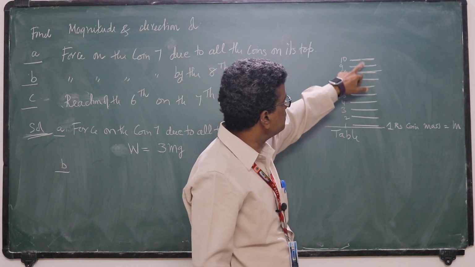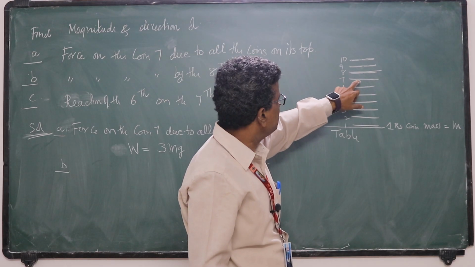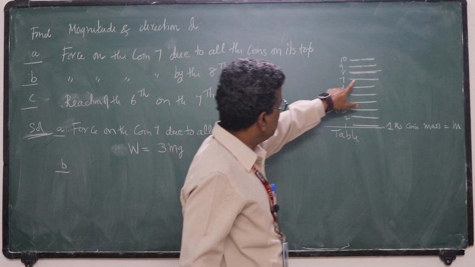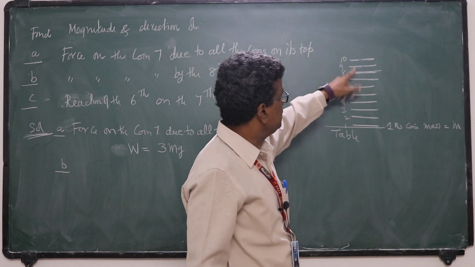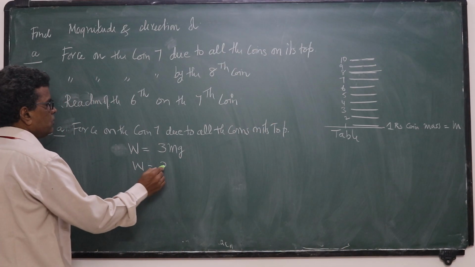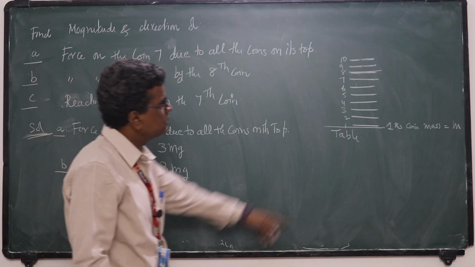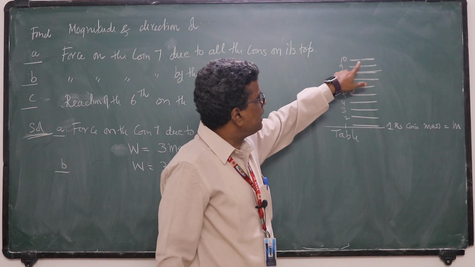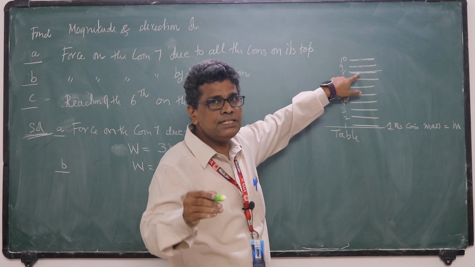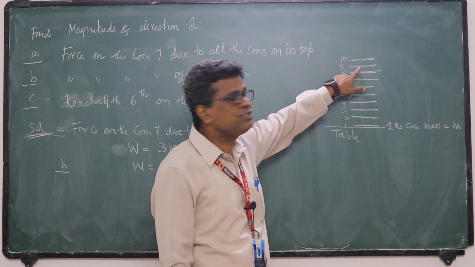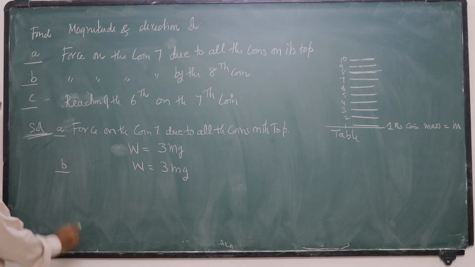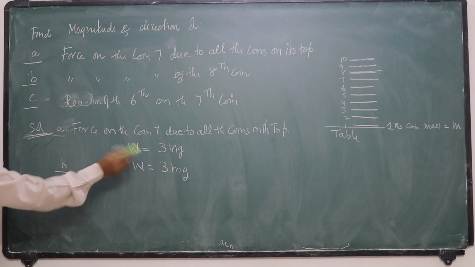So the force exerted on the 7th coin due to the 8th coin is also 3 mg, because the weight of coins 9 and 10 falls on the 8th coin, and it has its own weight mg. So 2 mg plus mg is 3 mg. The answer for B is also 3 mg.